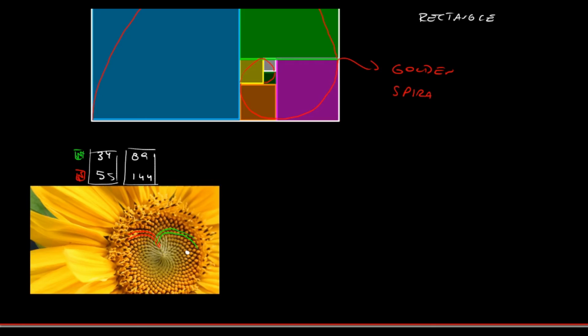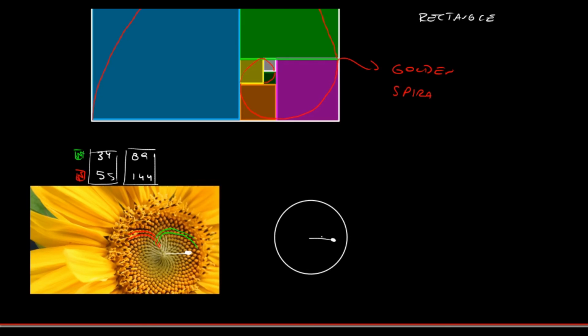Another very curious thing about the sunflower is, well, the things we see here are seeds for the sunflower. So what happens is these seeds need as much space as possible, but we also want as many seeds as possible in one sunflower. So if this is the sunflower, this circle, let's say we have one seed here, the first seed that grew.